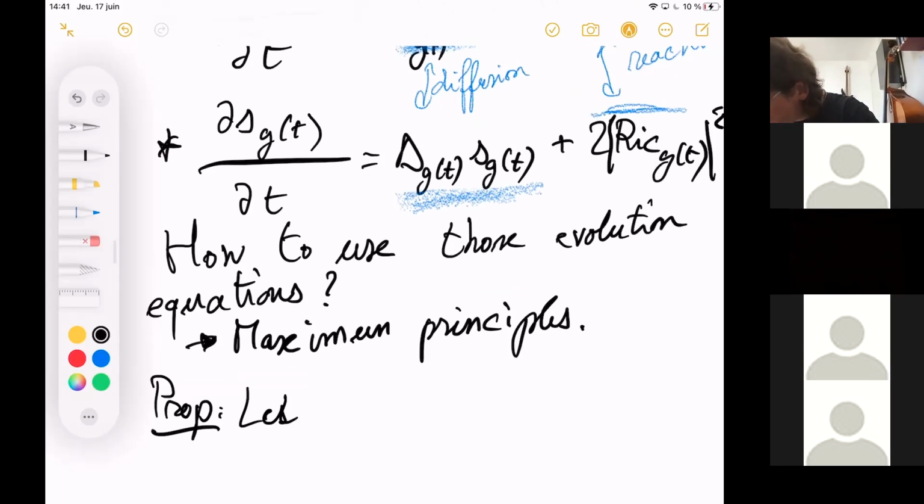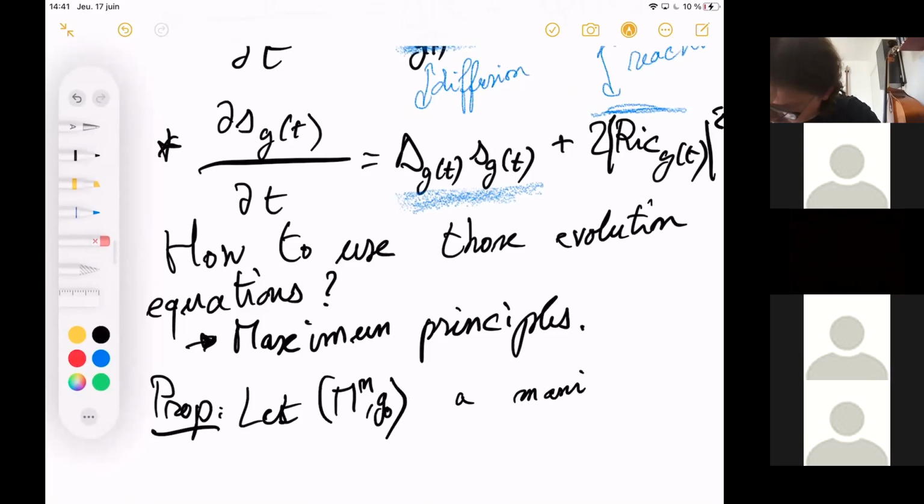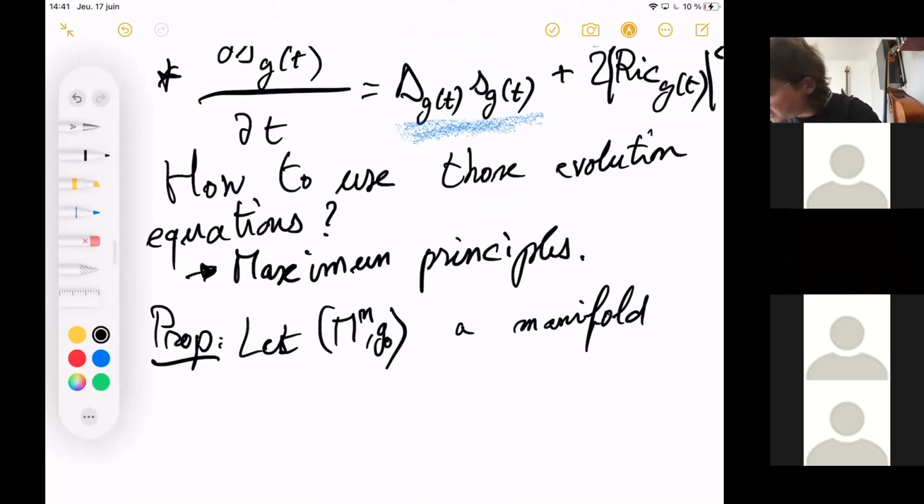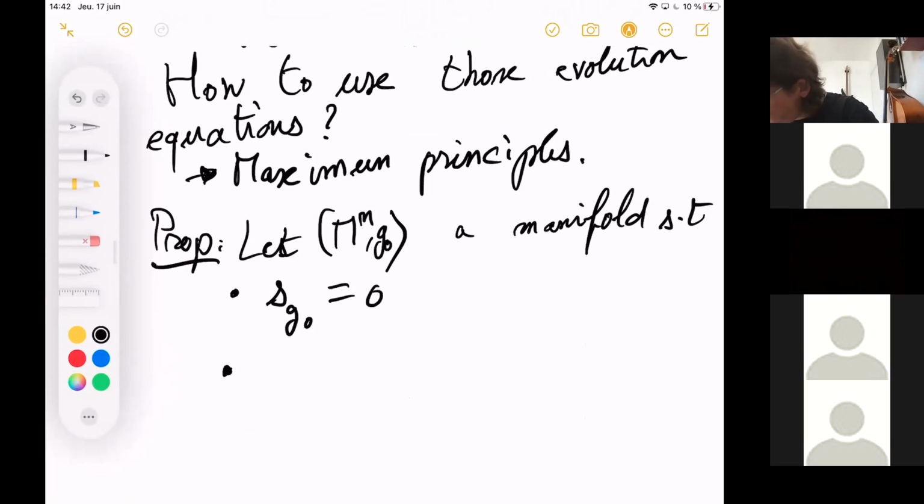Let M^n be a Riemannian manifold, with metric g_0, such that g_0 is scalar flat, and M^n is a compact manifold.